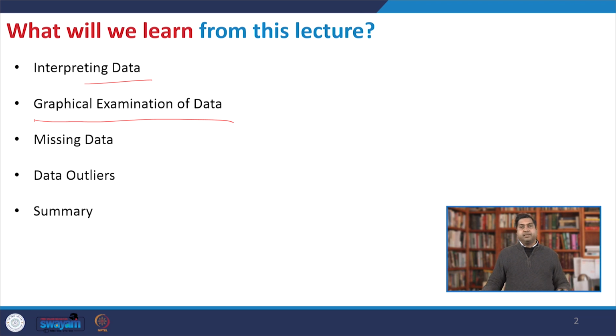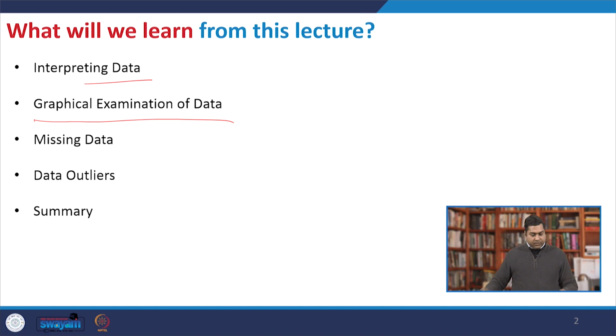In many cases, before we do a very sophisticated or advanced statistical analysis of collected information, we try to see graphically the data distribution, what type of information is conveyed through those graphical representations, and that can also give you some direction for what kind of statistical tool to apply to your type of data.